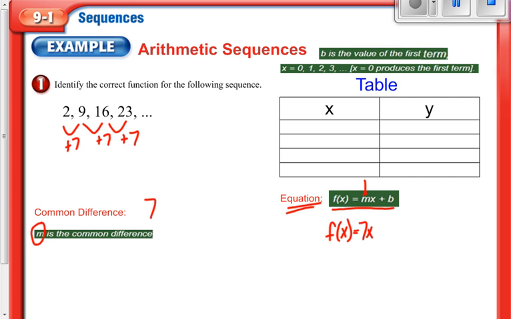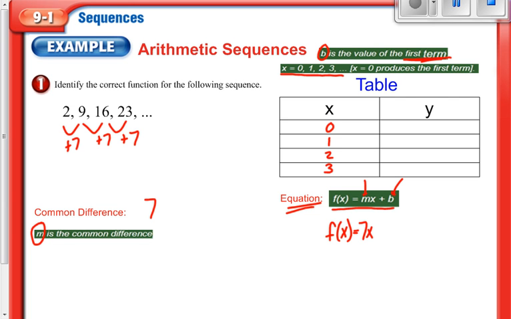Now, to find out your b value in this, as listed above, sometimes it helps if you go ahead and list off a table. And what you need to know about the table is b is the first term in the sequence when x equals 0, 1, 2, and 3. So 0, 1, 2, 3.